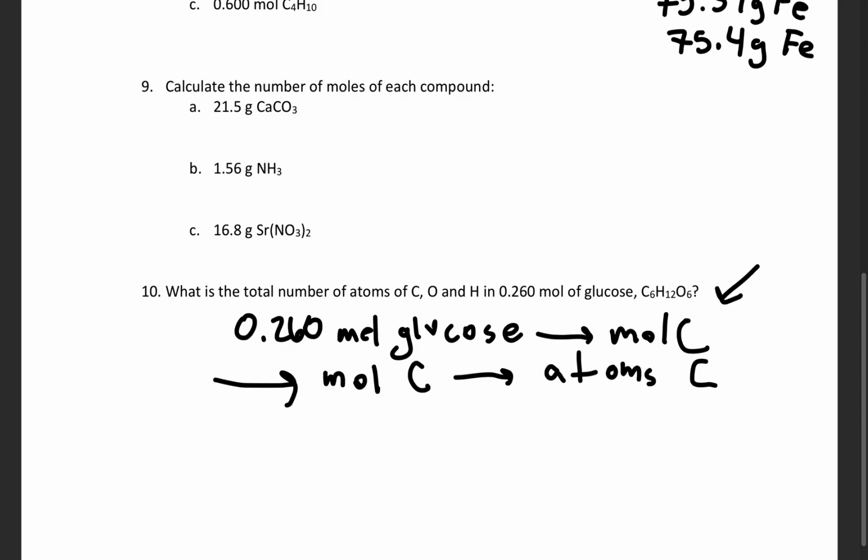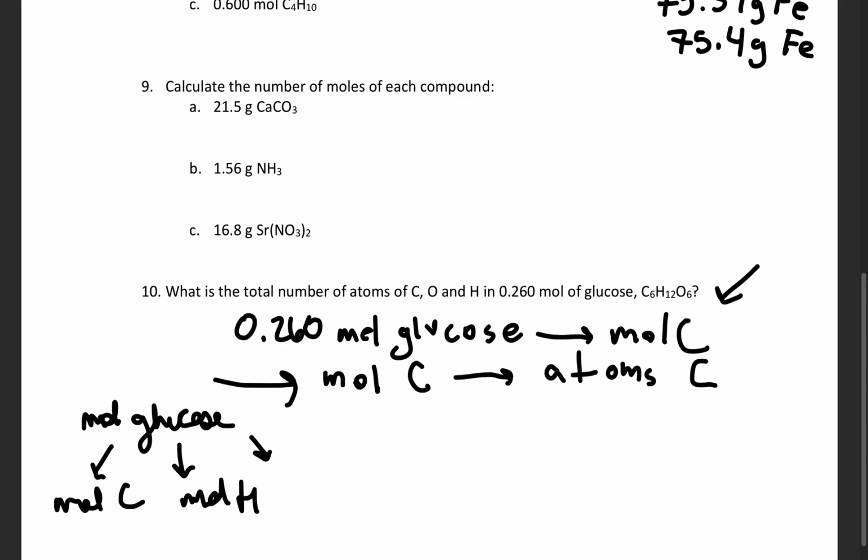You can do it all in 2 steps, so that your moles of glucose, you can go ahead and translate that into moles of carbon, moles of hydrogen, moles of oxygen, and then you can go from moles to atoms of carbon, hydrogen, and oxygen.